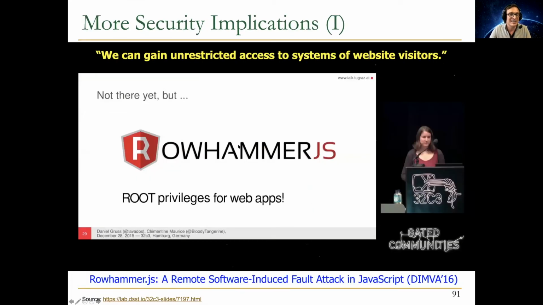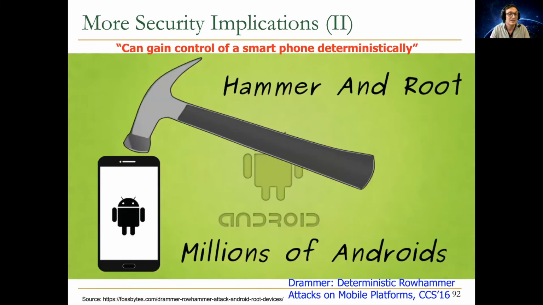But there are real attacks that are actually built by other folks based on our paper. These folks at TU Graz show that they can gain unrestricted access to systems of website visitors by taking advantage of RowHammer bit flips in JavaScript. These folks from Vrije University in Amsterdam show that they can deterministically take control of an Android phone if you download their app, and this app actually figures out how to attack you with RowHammer.